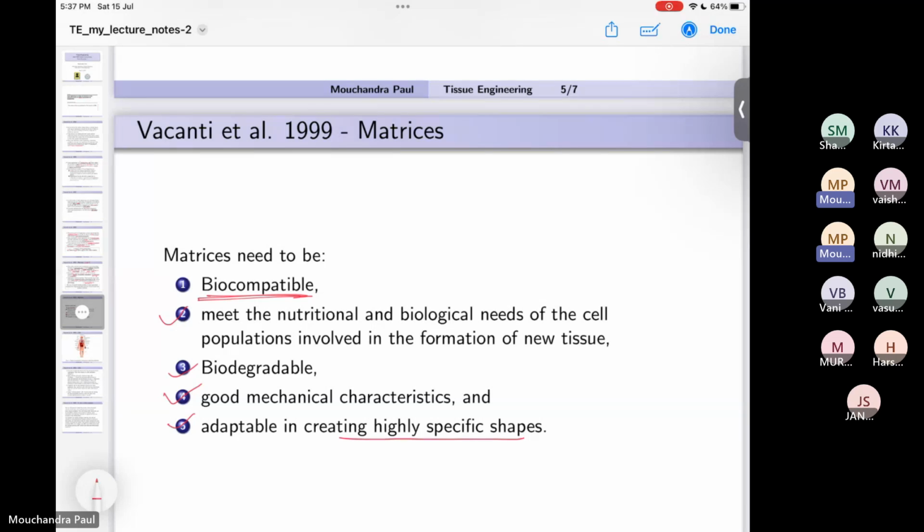If you need to fill a gap of a very large volume, then you need a large shape. Also, the shape can be irregular, right? According to the defect, you need to engineer it. If the material gives you the flexibility of making any kind of shape, then it is also beneficial for healing.